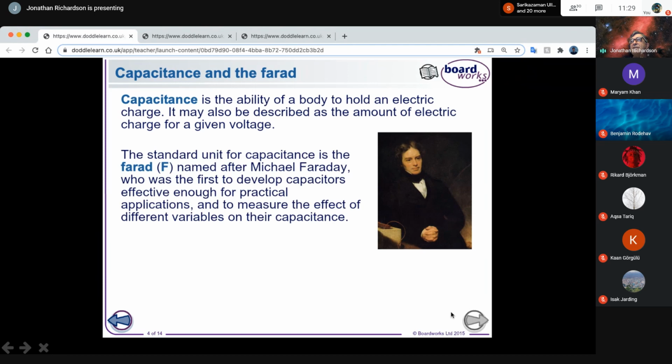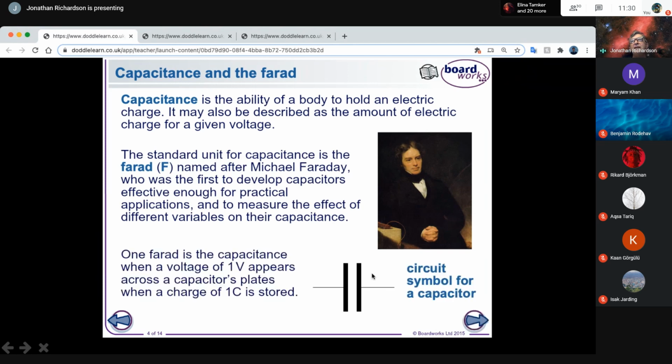Now, the standard unit, as I've said, is the farad, named after Michael Faraday, who was the first person to develop capacitors effective enough for physical usage and for practical applications. And he measured the effects of different variables, the size of the plates, the materials they were made from, and so on. And he was the first person able to demonstrate that.